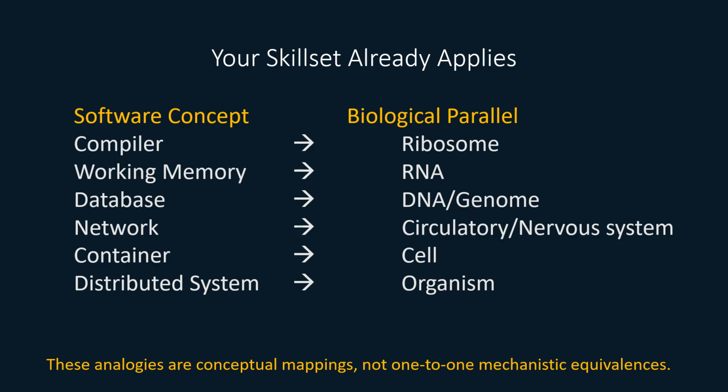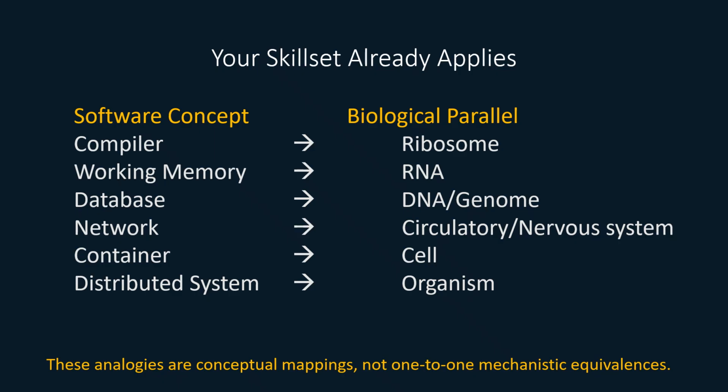Let's bring this all together. If you are coming from software, these parallels should feel natural to you. As you know, a compiler, you can think of that as a ribosome. Like a compiler, it turns code into a program, right? So basically, the ribosome is doing a similar thing, turns code into proteins.